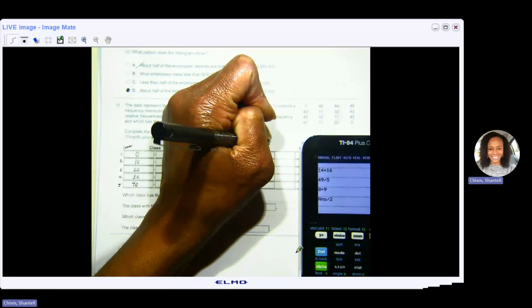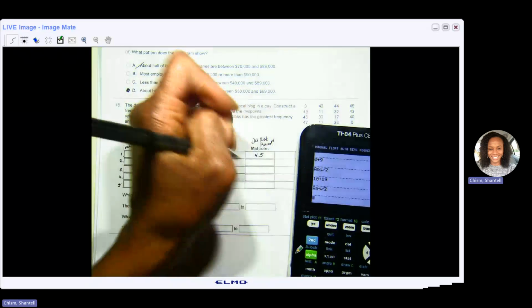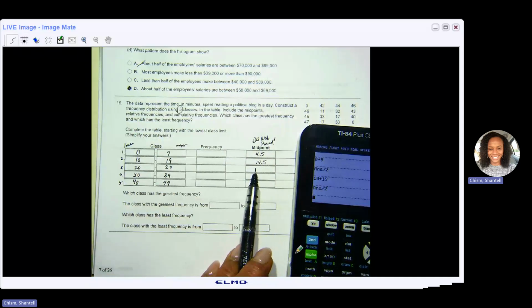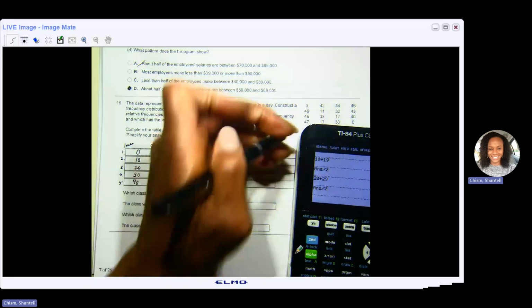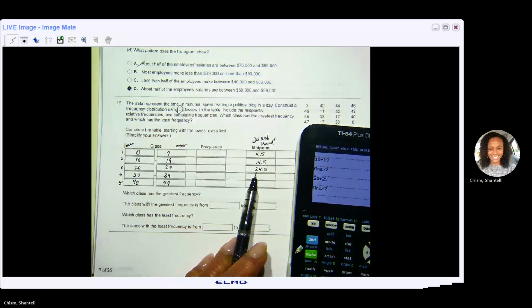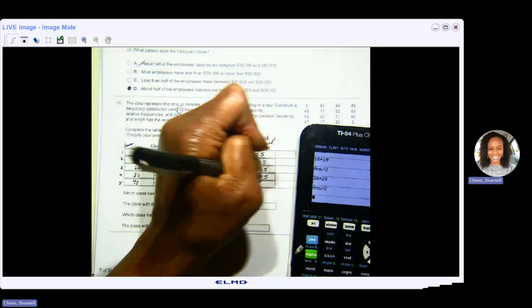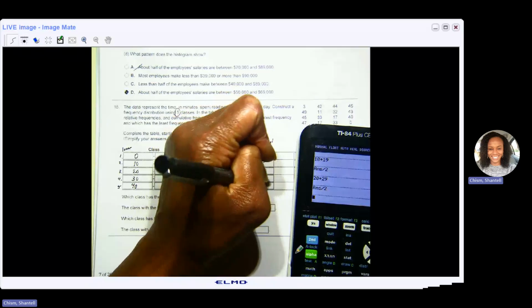Then 10 plus 19 divided by 2 gives 14.5, because basically I'm just adding 10 each time. So 20 plus 29 divided by 2 is 24.5, then plus 10 is 34.5, and then plus 10 is 44.5.